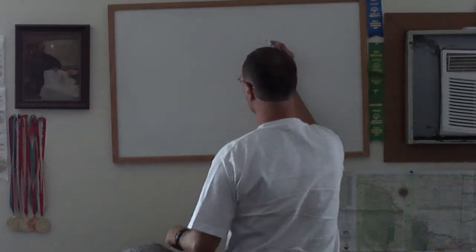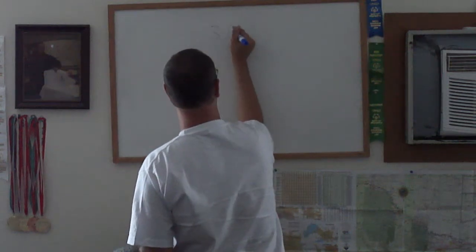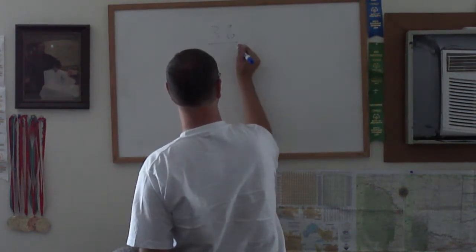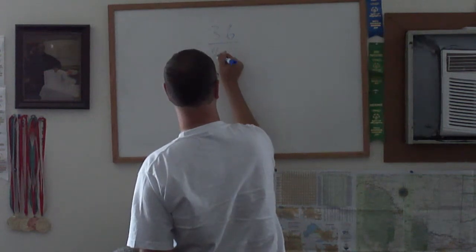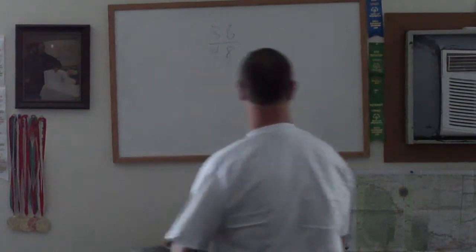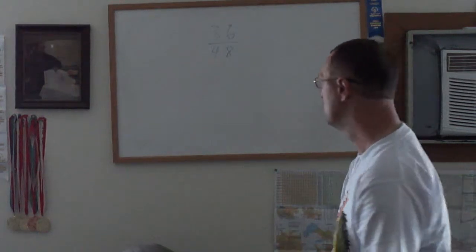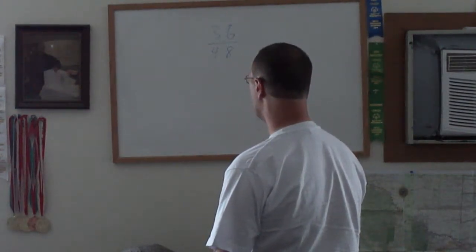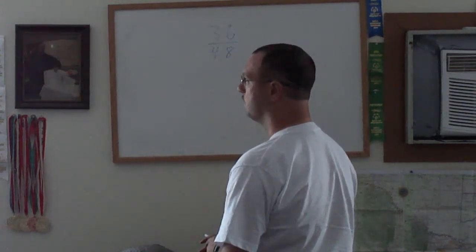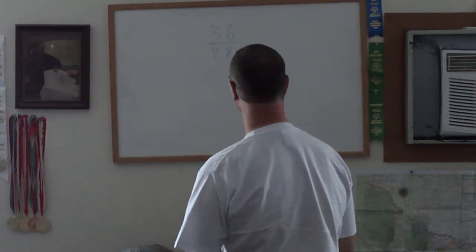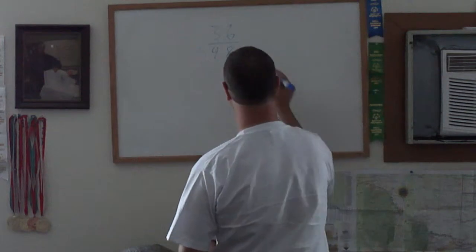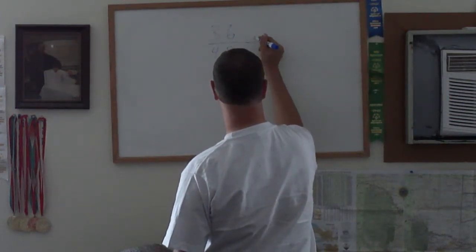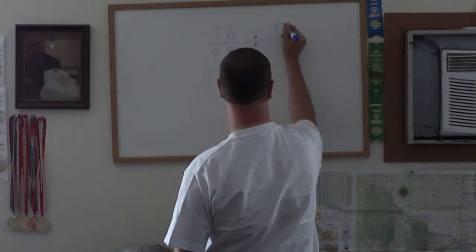Let's go with the other one. 36, 48. Alright, the GCF of it is probably 12. 12 is probably the GCF. Okay, so let's divide by 12.